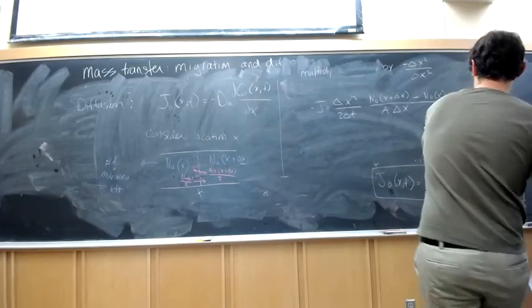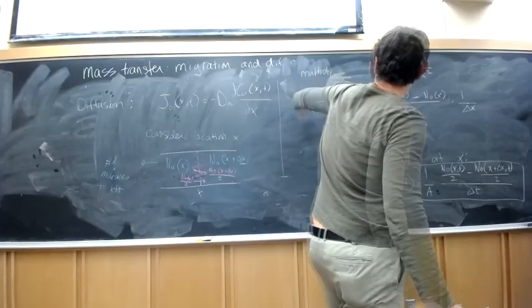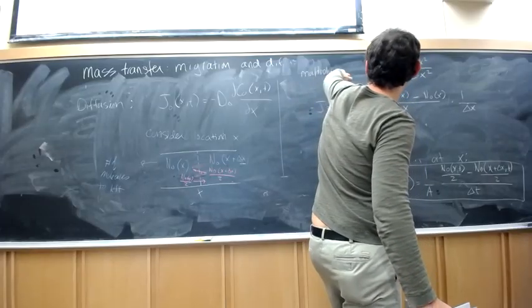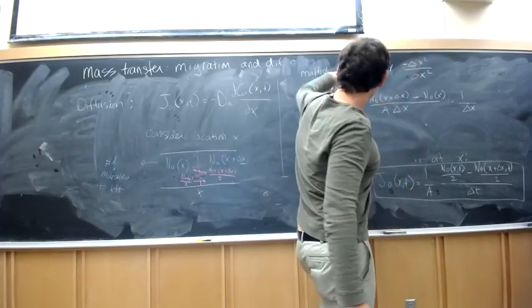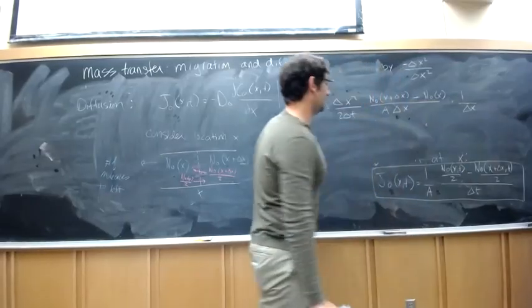Okay, so I just took this expression and multiplied by negative 1 on this side and negative 1 on this side. So I get the delta x squared. That's all that is, right?